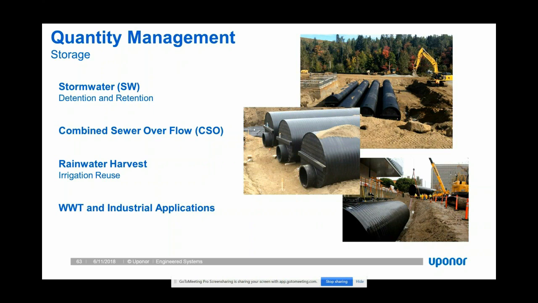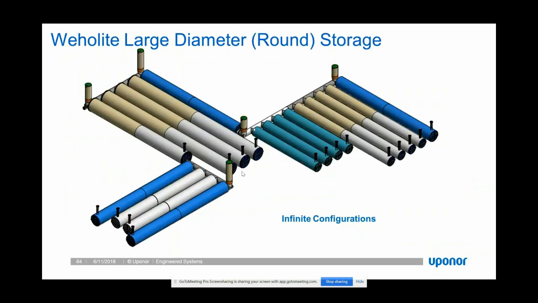Even treatment applications require some amount of equalization volume or attenuation depending on the turn down capabilities of your process. But here's a good example of a round storage system, and I want to start with this because it is our most common way of addressing storage, because it is the most cost-effective way to give you volume.